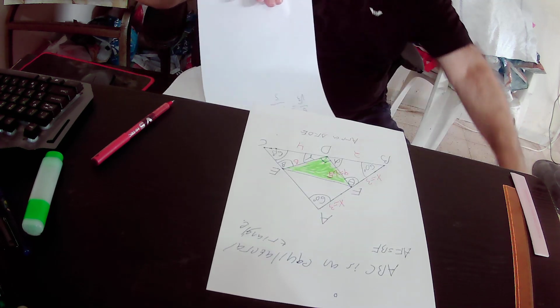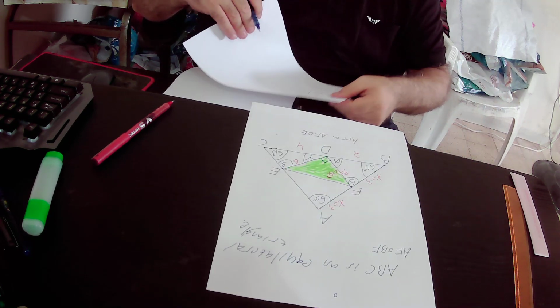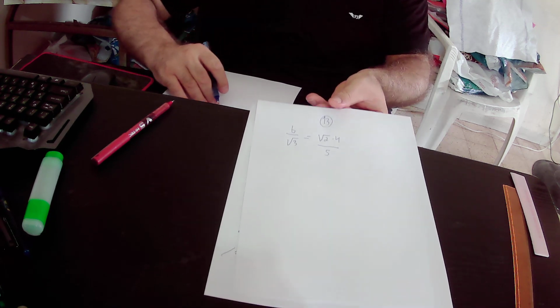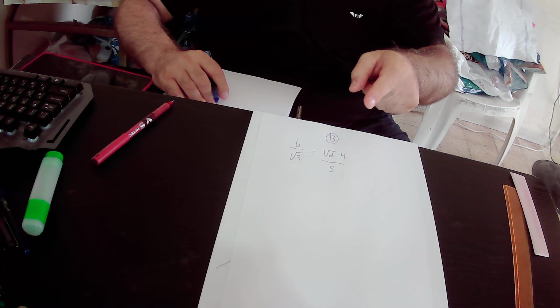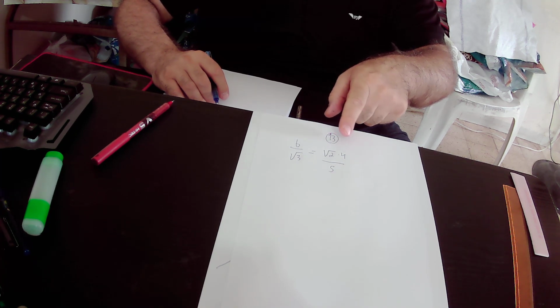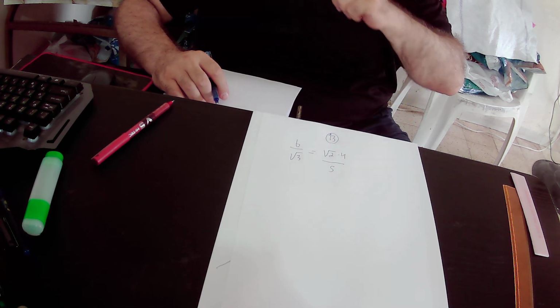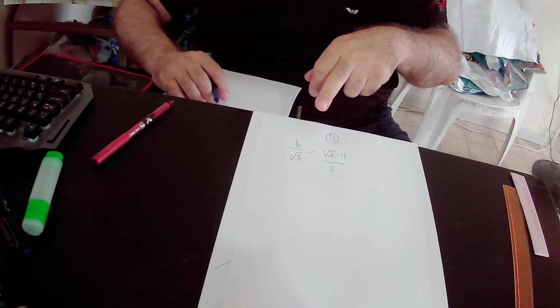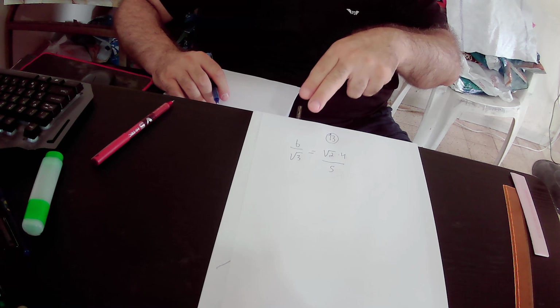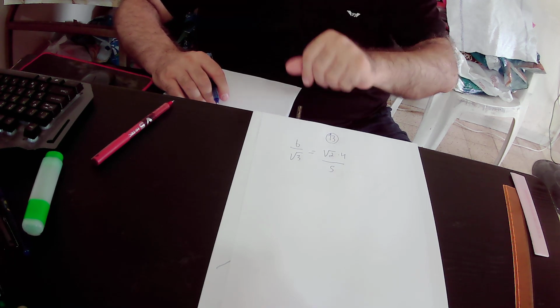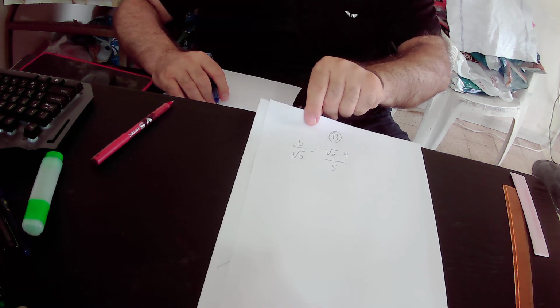So after we cancel 2, that is what is left, b over root of 3 equals the root of 2 times 4 over 5. Here we'll multiply this equality by root of 3 in order to get the value of b.